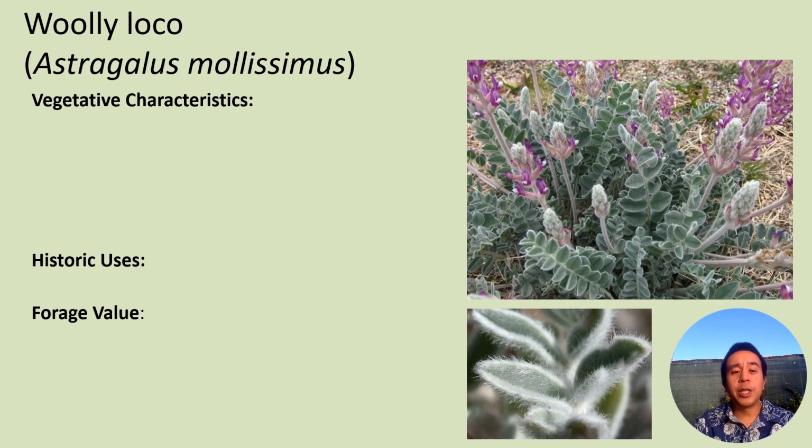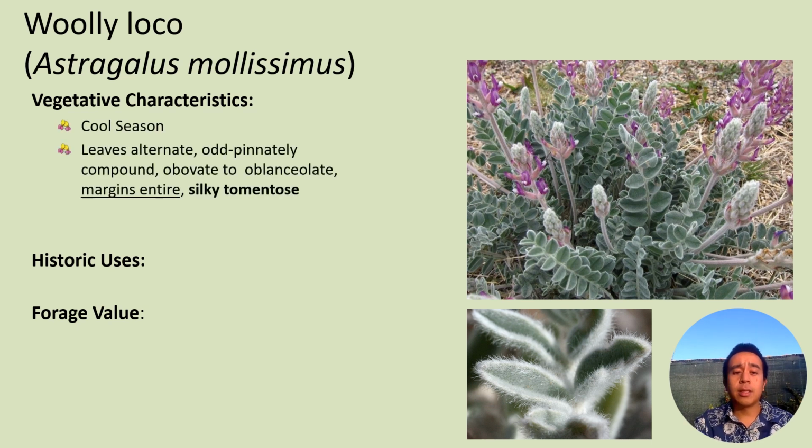So vegetatively speaking, Astragalus mollissimus grows as a cool season plant, and the leaves are alternate and oddly pinnate. When I'm saying the leaves are alternate, this refers to the entire leaf and how it's arranged on the stem of the plant.